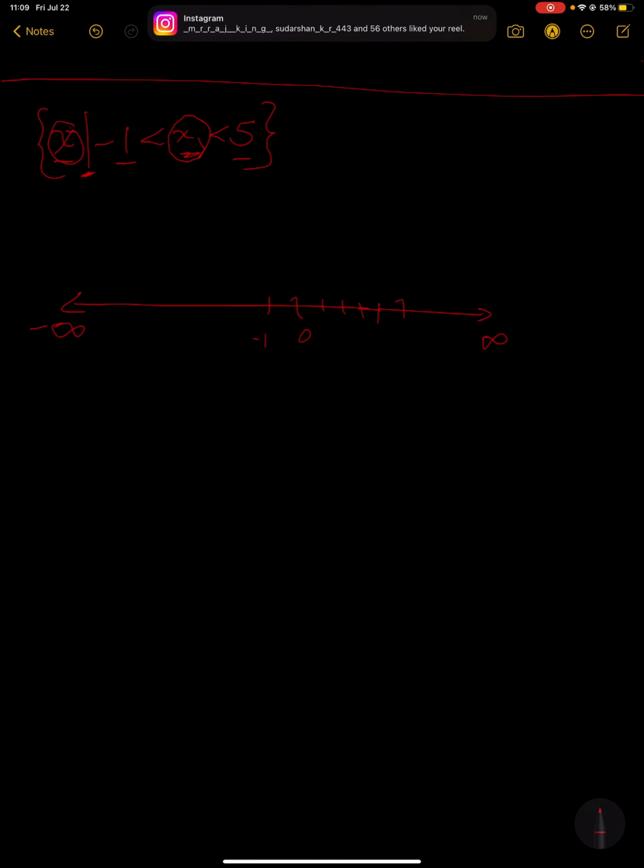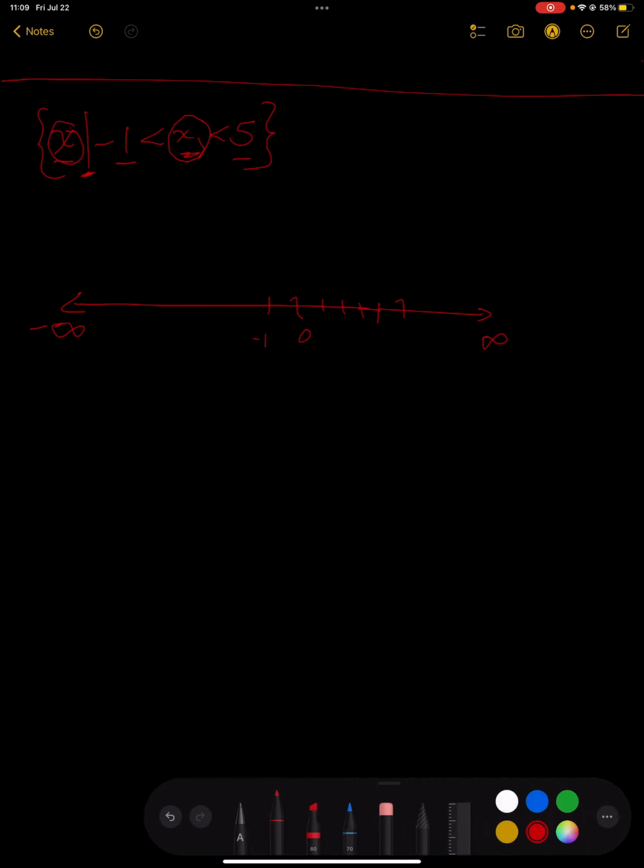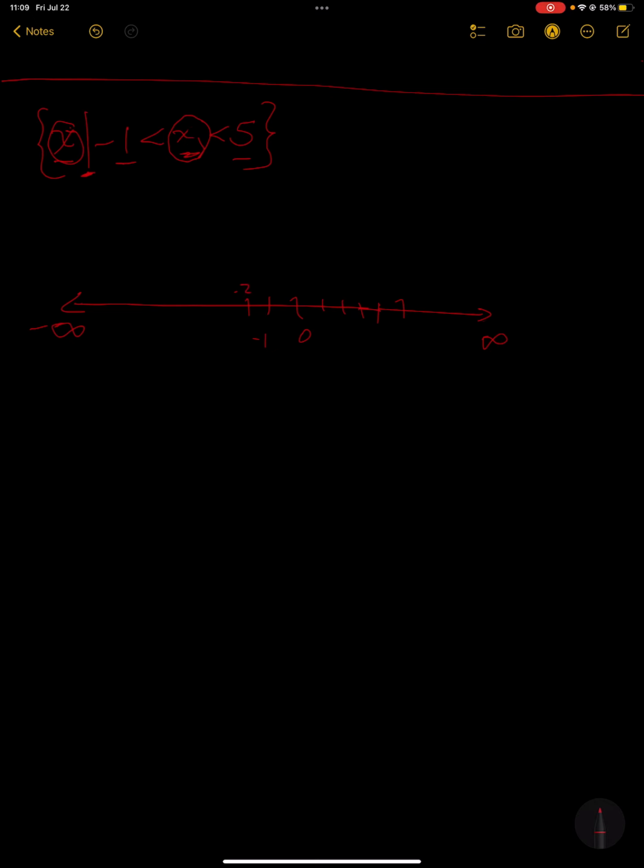Just so you guys have an idea, and that's -2, -3, and all that. You get the idea. So x is between -1 and 5.